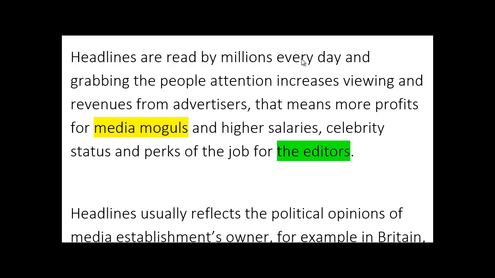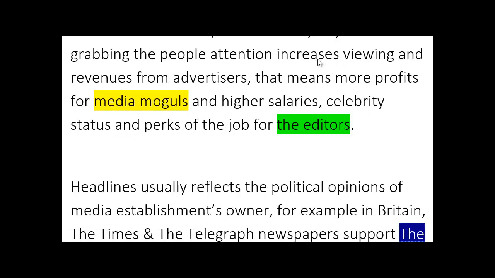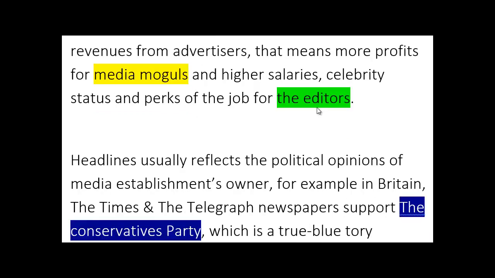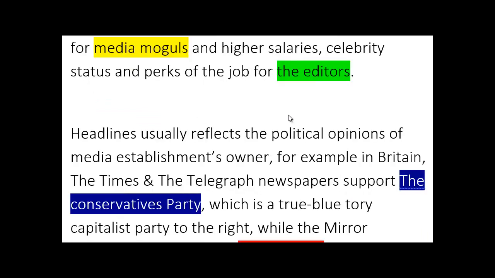When that happens, the profits will increase because advertisers will put more adverts, and obviously the owner of the newspapers or the media moguls, as they describe them now, will make lots of money, and also the editors will earn higher salaries and will have celebrity status and perks of the job, and will be invited on TV programs to express their opinions and discuss current issues.